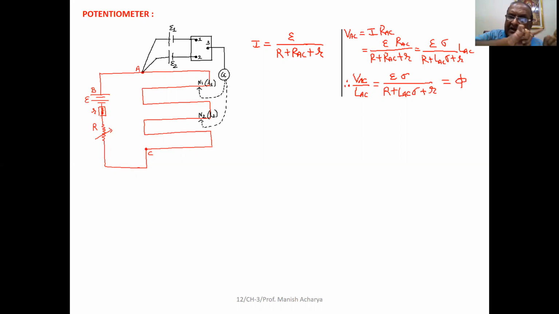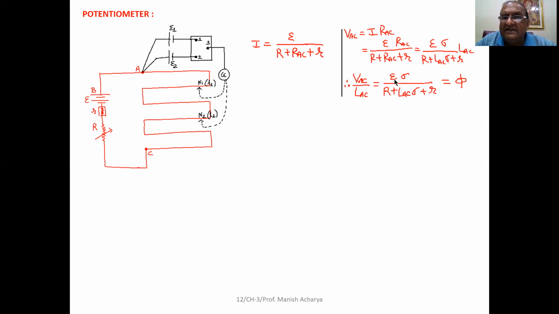So if we take length of the wire on left hand side, so potential difference across AC divided by length of AC wire, then we can say this left hand side, that is nothing but the potential difference per unit length of the wire, and that is called potential gradient.